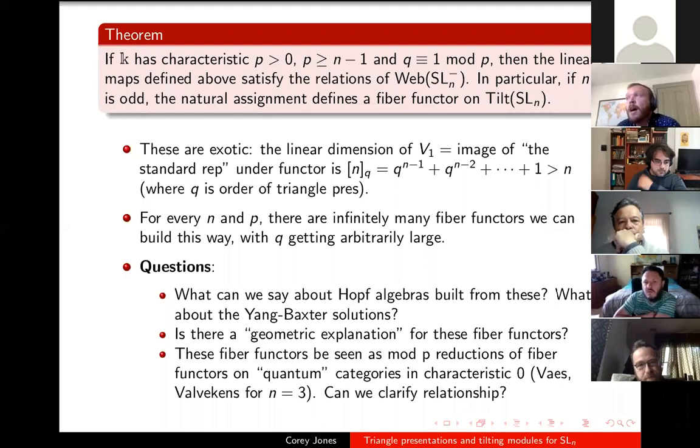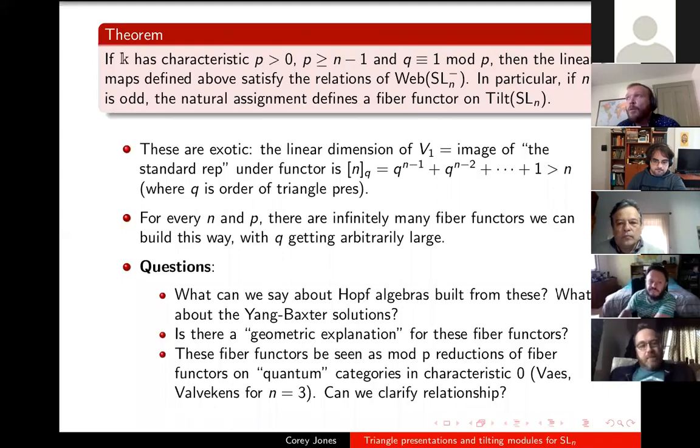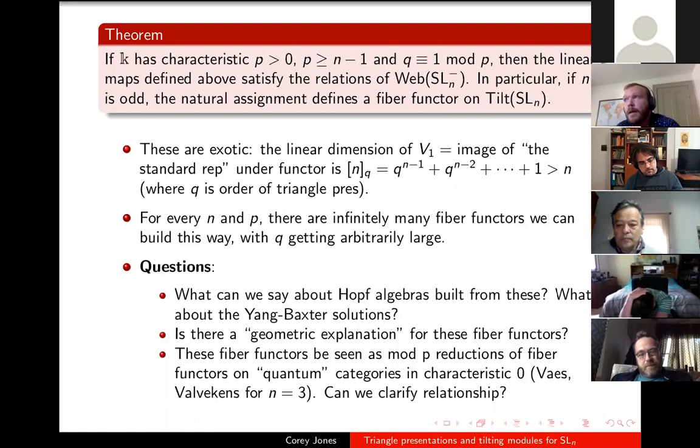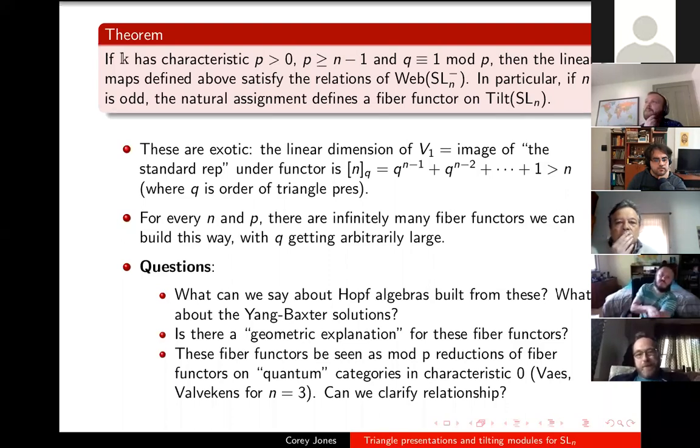I have another question. What would that be a solution to exactly? Would you hope to find that to define a fiber functor for quantum SLN, or what would that be a solution to? Well, maybe for quantum, but maybe even for classical. Like Victor explained, there doesn't seem to be an obstruction to the existence of such a thing.